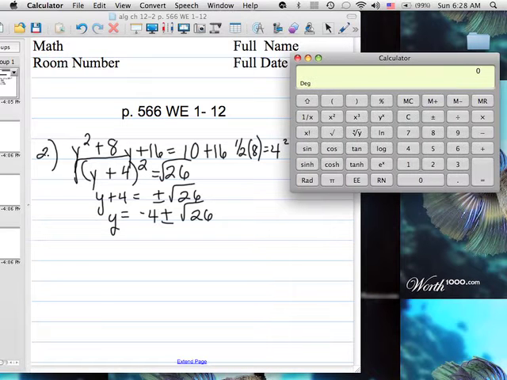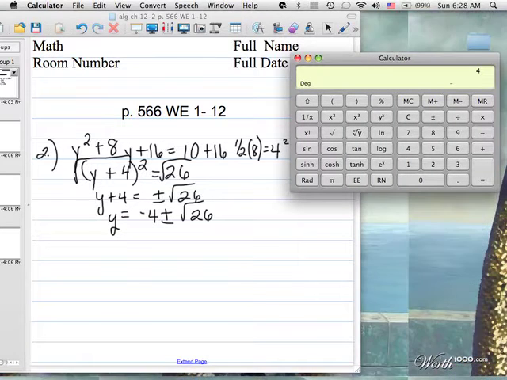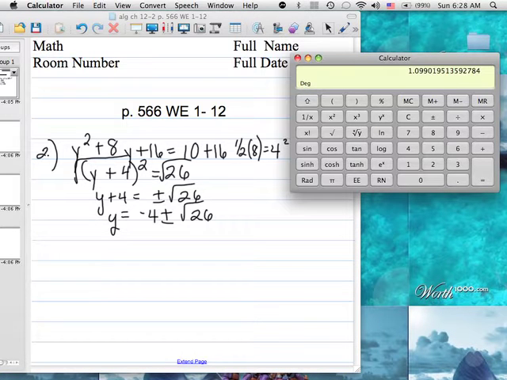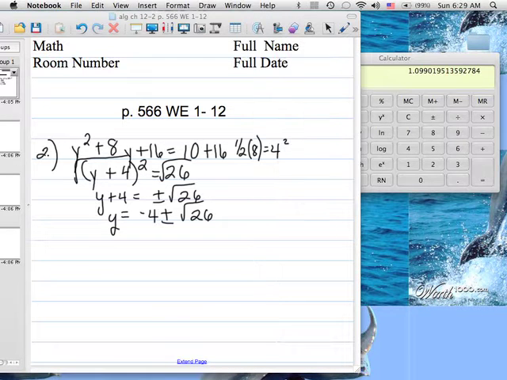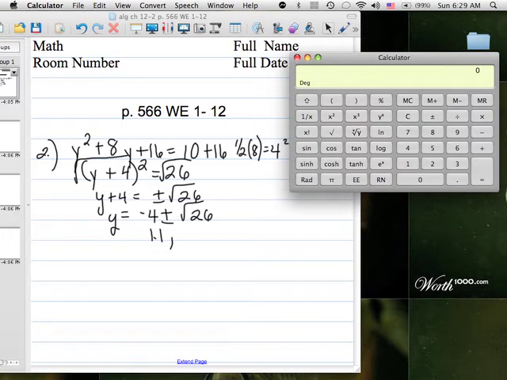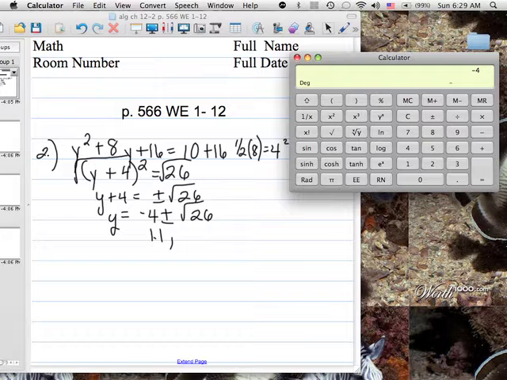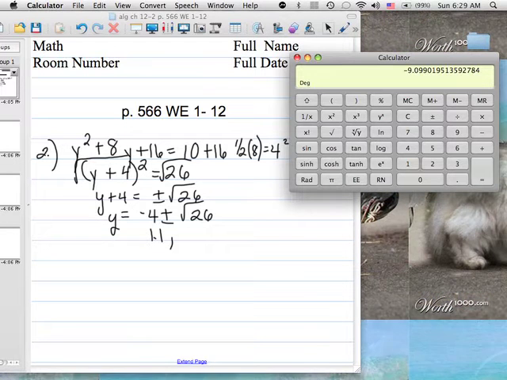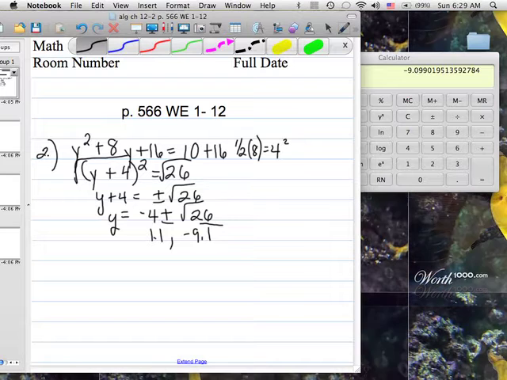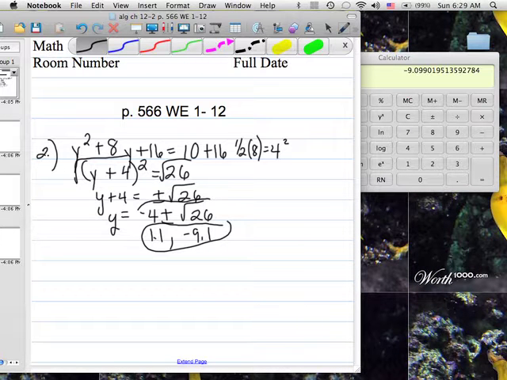So negative 4 plus the square root of 26 is going to be 1.1 to the nearest tenth, and negative 4 minus the square root of 26 is negative 9.1 to the nearest tenth. So we need both of those, and we need this.